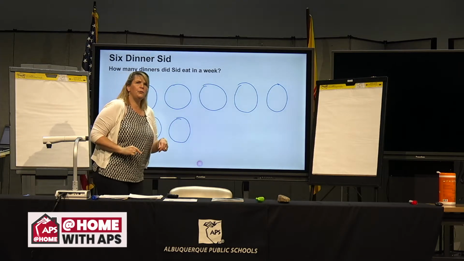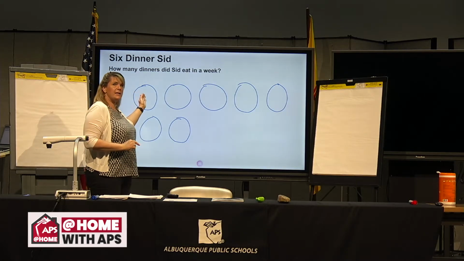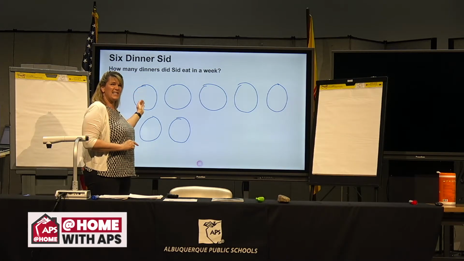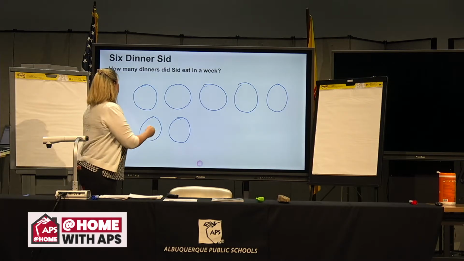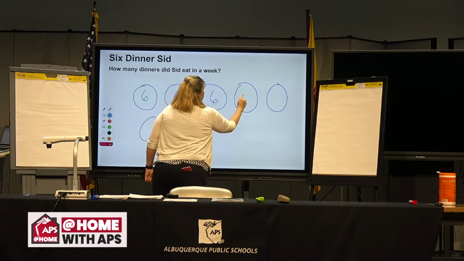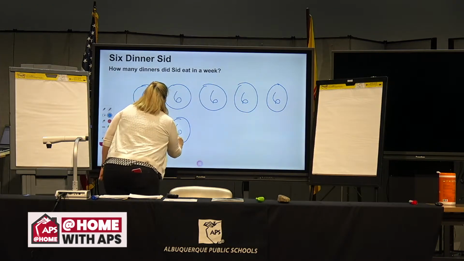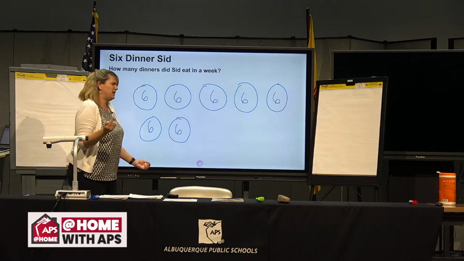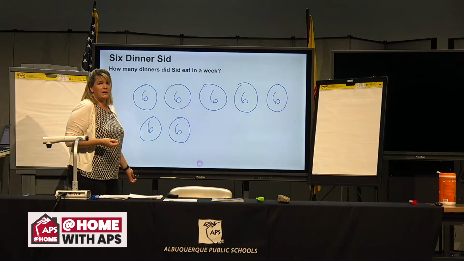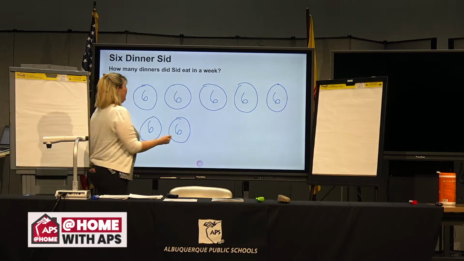And how many could we put in each one? Well, because this is 7 days a week, this means he had 6 dinners in each of those days. We could do a 6 in each of those days for each of the days of the week. What's another way to write that? If we did write it in a multiplication or in a mathematical sentence.